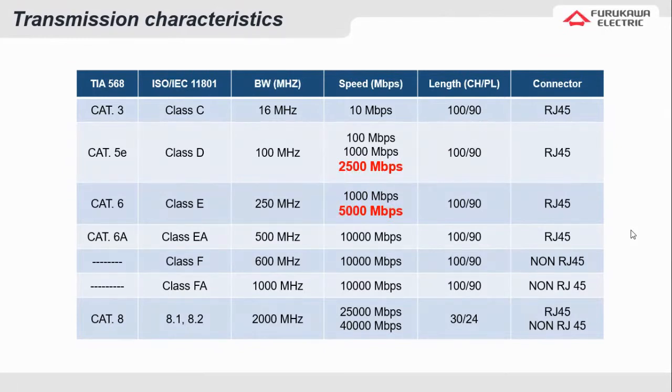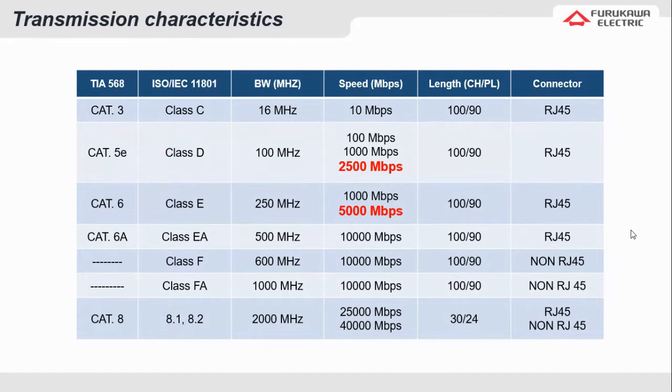It was designed for characteristics of up to 100 megahertz and was used for networks running at 10 or 100 megabits per second. But then, by twisting the pairs more tightly, they were able to eliminate some undesired crosstalk effects.